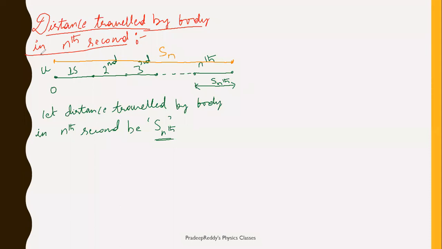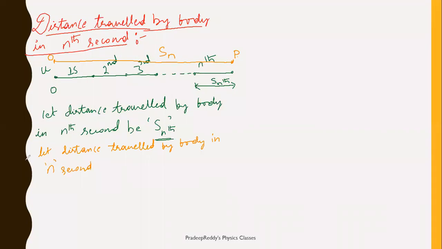So this distance traveled by the body in n seconds, I name this as P. Okay, so let the distance traveled by the body in n seconds, I am not taking the nth second, it is only n seconds.